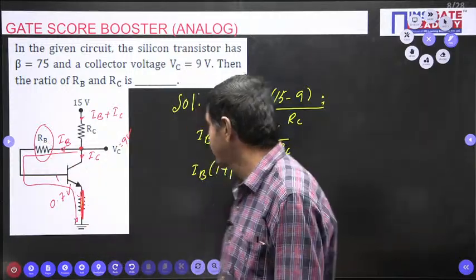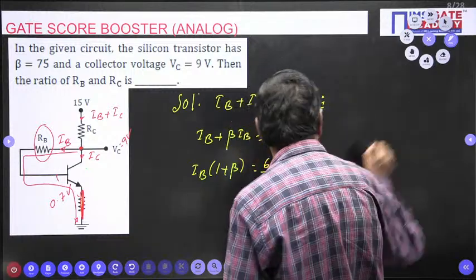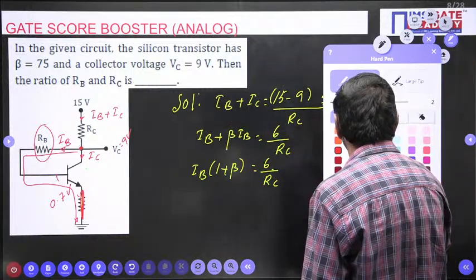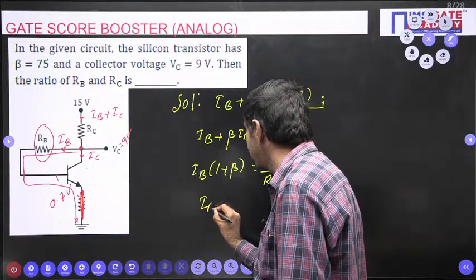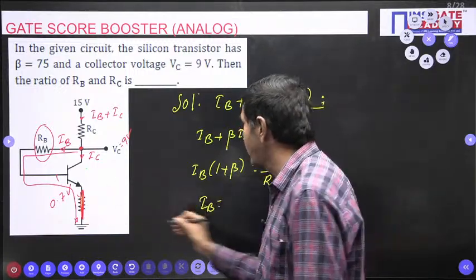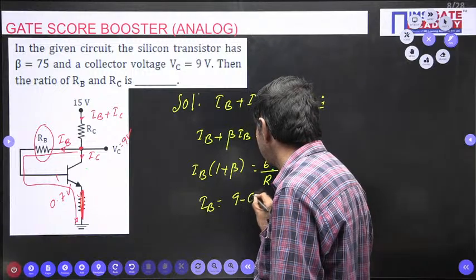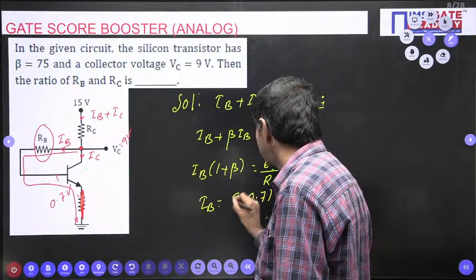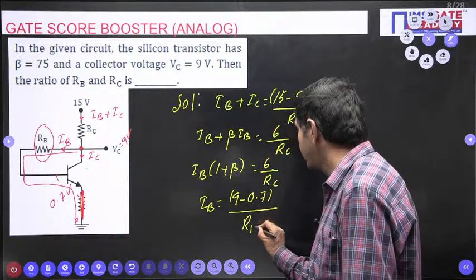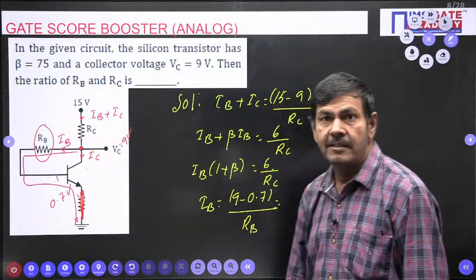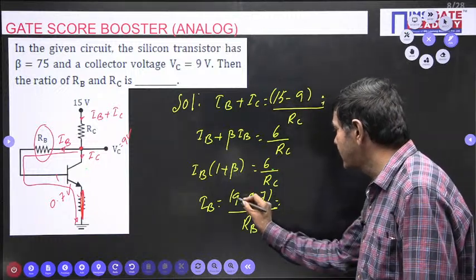I can write directly. So base current I can determine like this. IB is nothing but 9 minus 0.7 divided by RB. If you are simplifying, it comes as what? 9 minus this.